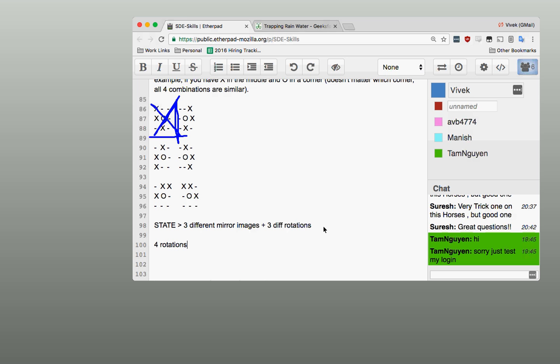In total, there are 4 rotations, and in total, there are 4 flip states. So there are totally 15 states that you have, and one of them is the original state. So theoretically, you should see 15 different combinations, not just 3 plus 3, right?